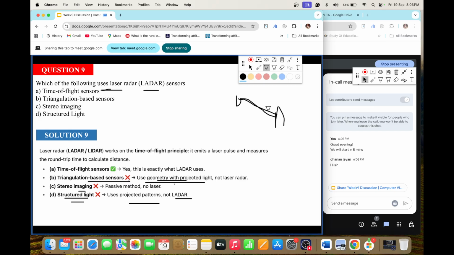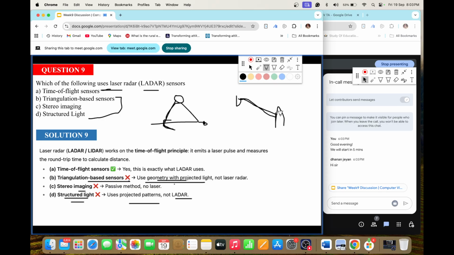That is lidar. But the triangulation method has the triangulation concept: one is your source, one is the object, and one is the camera. Both triangulation as well as structured light operate on this principle. So here you require a camera and a source, not lidar.